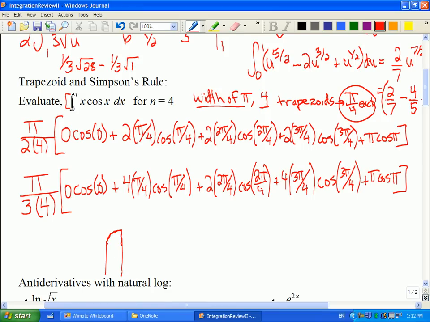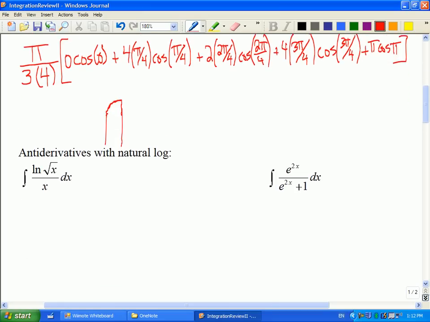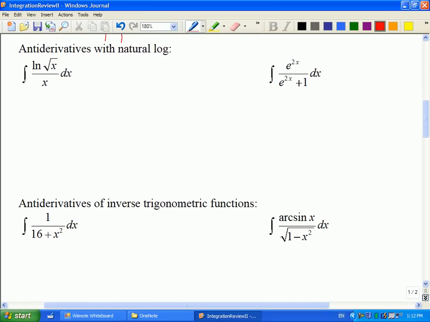Okay. From here, we talked about 2 other topics, which were using natural logs and antiderivatives for inverse trig. So let's start with natural log. Well, I'll ask you, the other class, they needed a little bit of a hint to get started.